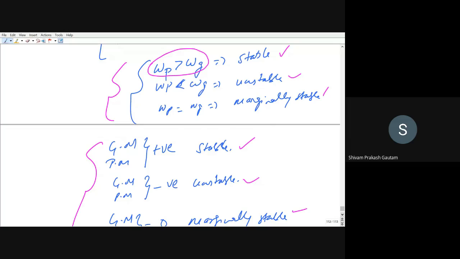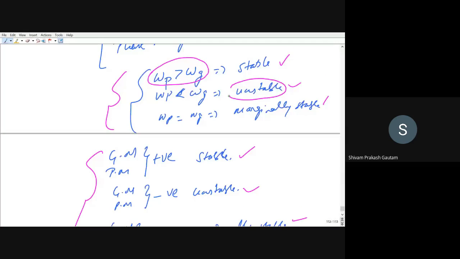Anyone else want to try? See, the point that the student has said is almost correct, but I will build some more on what he said. When we say the system is unstable, the system can be unstable due to one pole, or it can be unstable due to 100 poles.